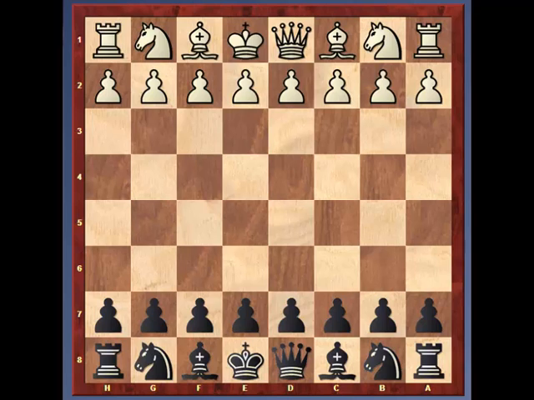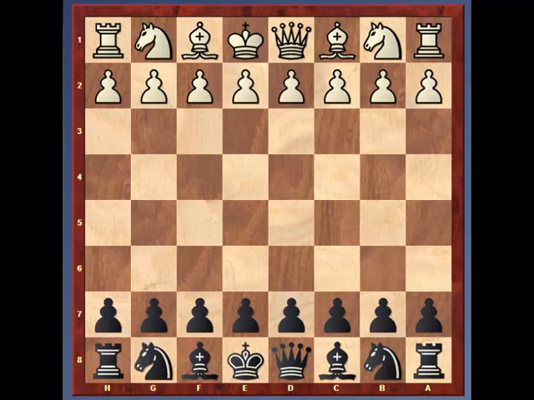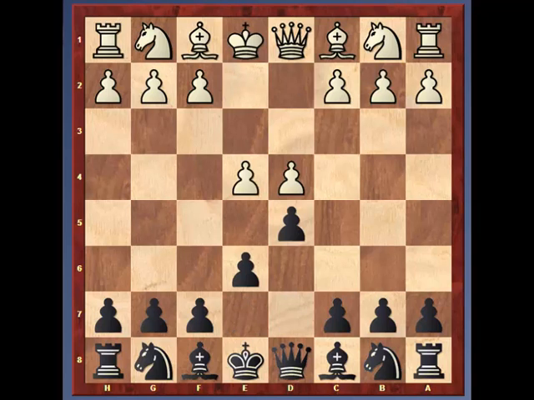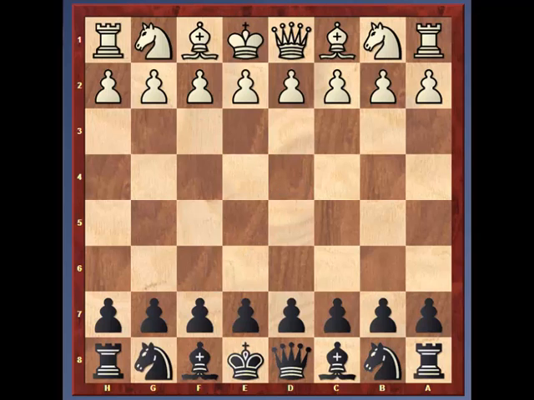This is the Tarrasch closed variation, or the Tarrasch-Guimard mainline extended through. It's the Tarrasch-Guimard mainline then. This is the Botvinnik variation of the Tarrasch.